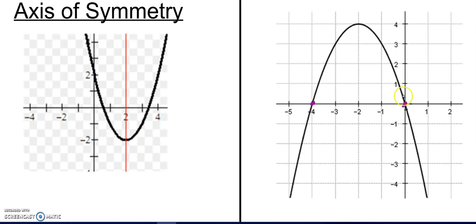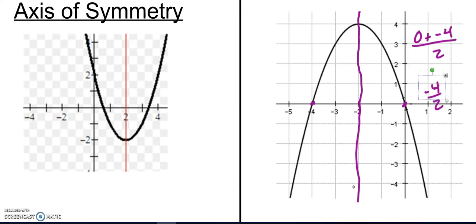So I would take 0 plus -4. And if we're averaging them, we're dividing that by 2. So that would be -4 divided by 2, which is -2. So our axis of symmetry is this line right here. And that tells me that my vertex lies on that line at the top.